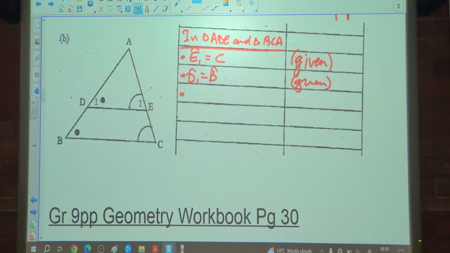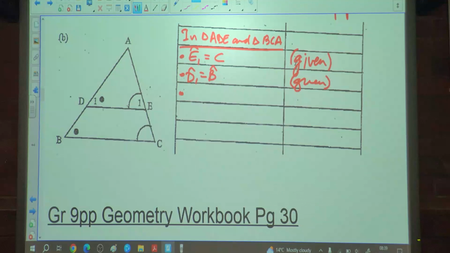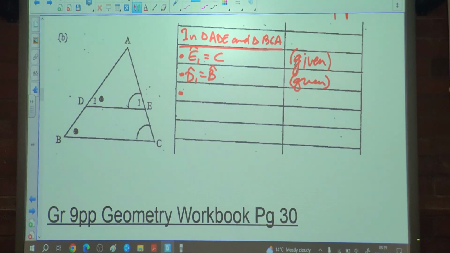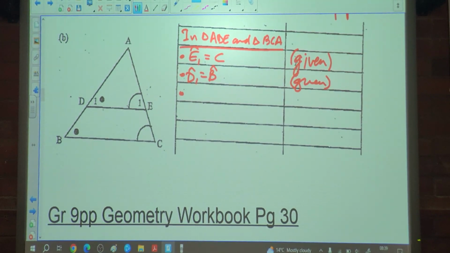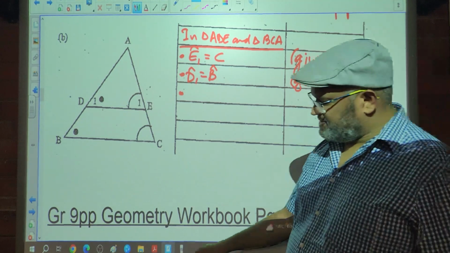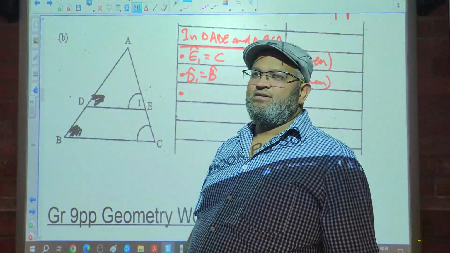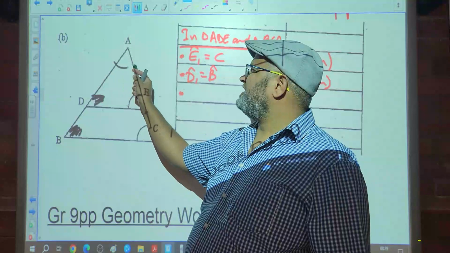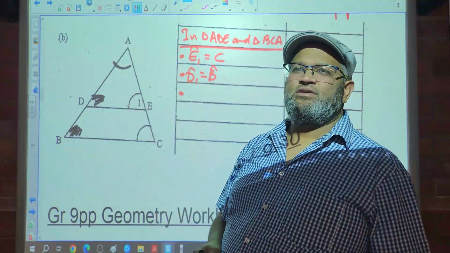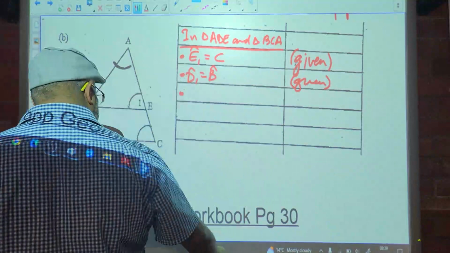The third one. What's the third angle here? BAC is equal to DAE. On what account? Third angle of triangle. Or we could have said, say they didn't mark this, and that wasn't marked, then we would have gone with angle A anyway. Not so? But what would your reason have been?